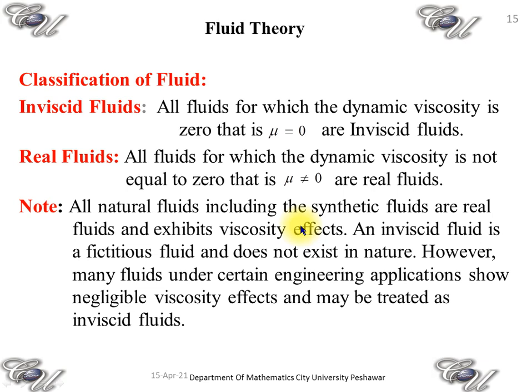Okay, so this is the basic. We are already discussing the basics of Theory of Fluids. This is the continuation of the previous lecture. In the previous lecture, we classified the fluids into real and ideal fluids, or you can say the envisaged fluids and the real fluids.